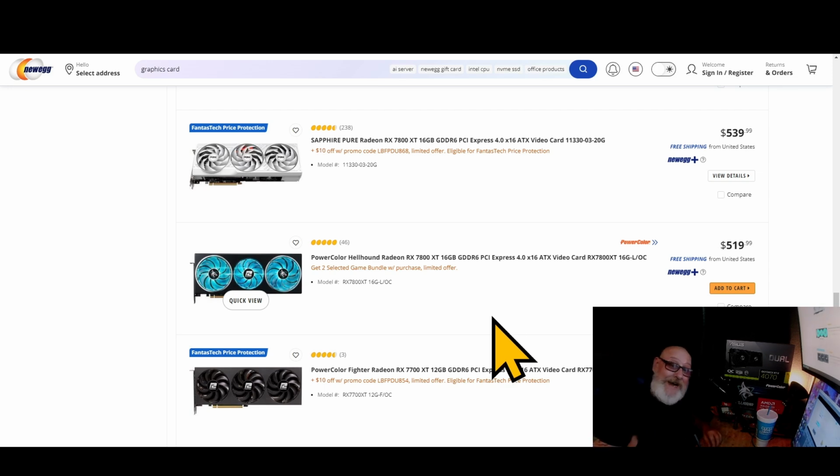Everybody knocks because I have the 5700X in here. That's equal to the 12400 on the Intel side. They think I should be running an Intel 14900K, which I'm never going to do, because one, they're still complaining about them burning out, just like the 13th and 14th gen.